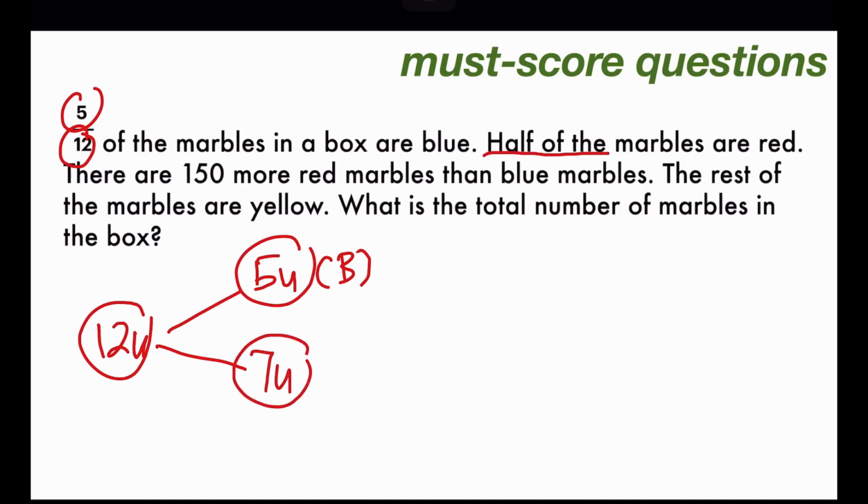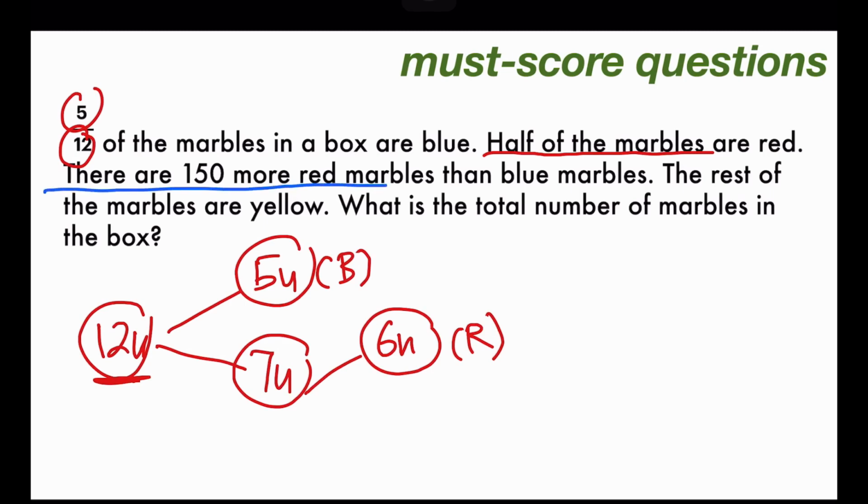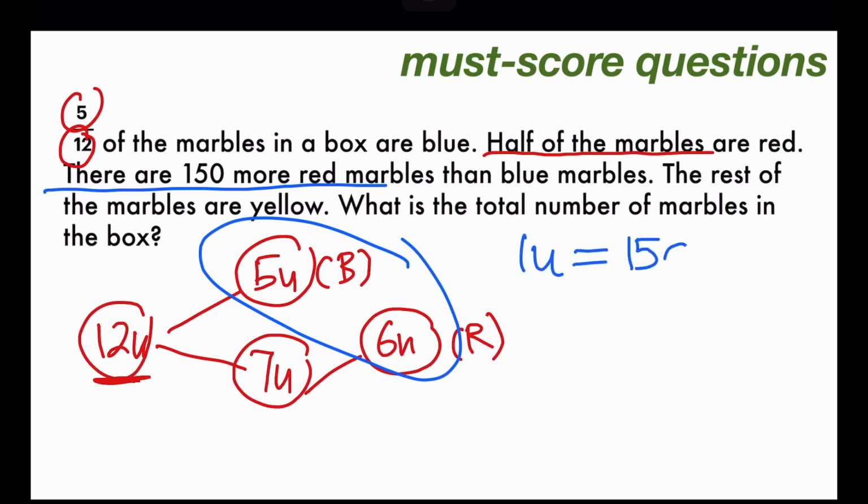And the next keyword, half of the marbles are red. So you look at half of the total marbles, which is 12 units. So you know that 6 units out of the 7 units must be red. And the same thing, you will go into comparison of red and blue. Then you know that 1 unit is equal to 150.